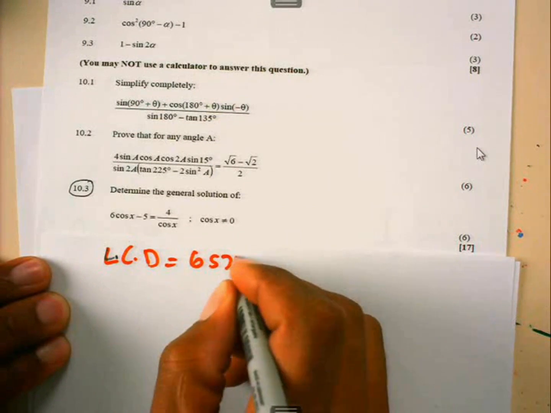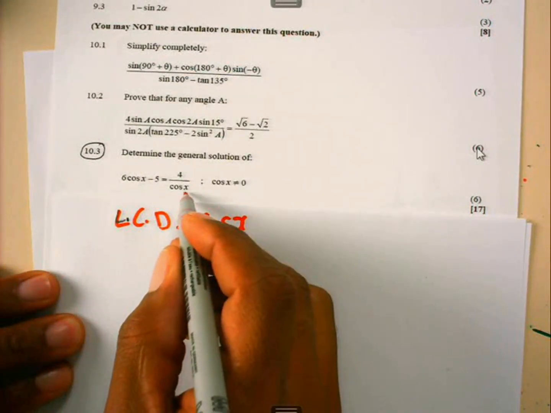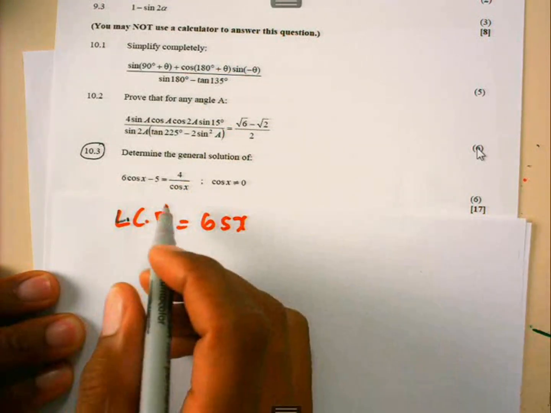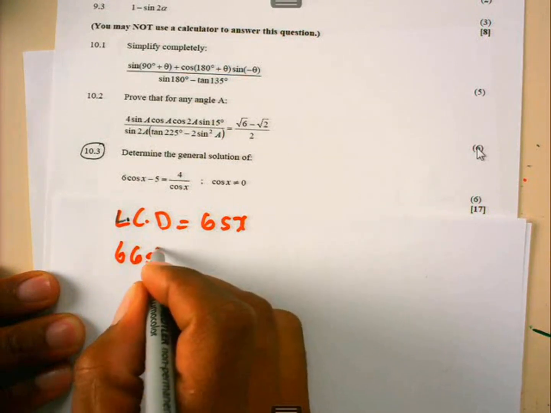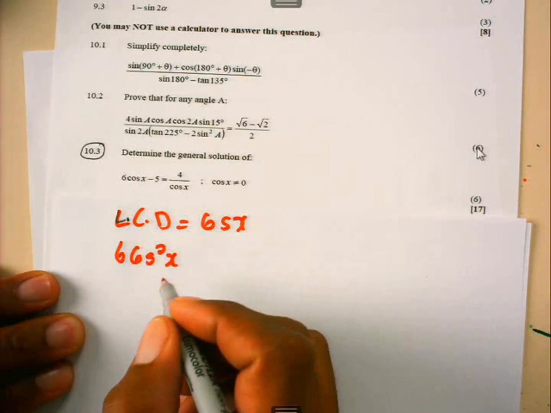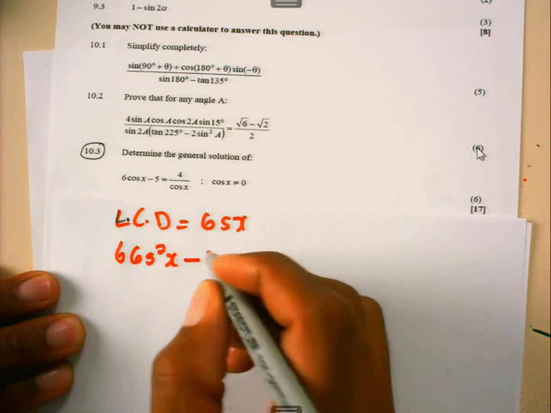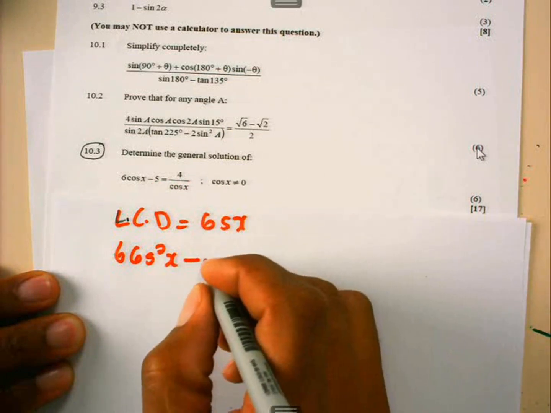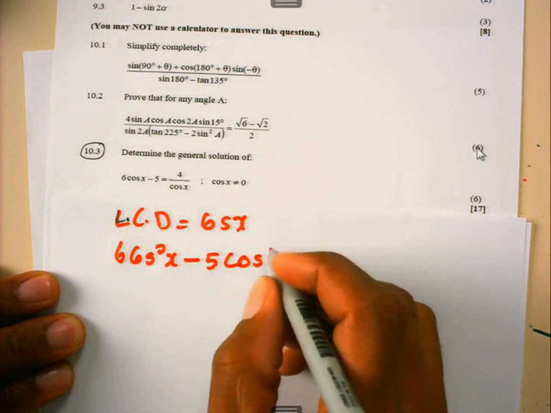Which is cos x. Now, if we take cos x multiplied by 6 cos x, the answer there will be 6 cos squared x. We also take cos x multiplied by minus 5, which gives minus 5 cos x.